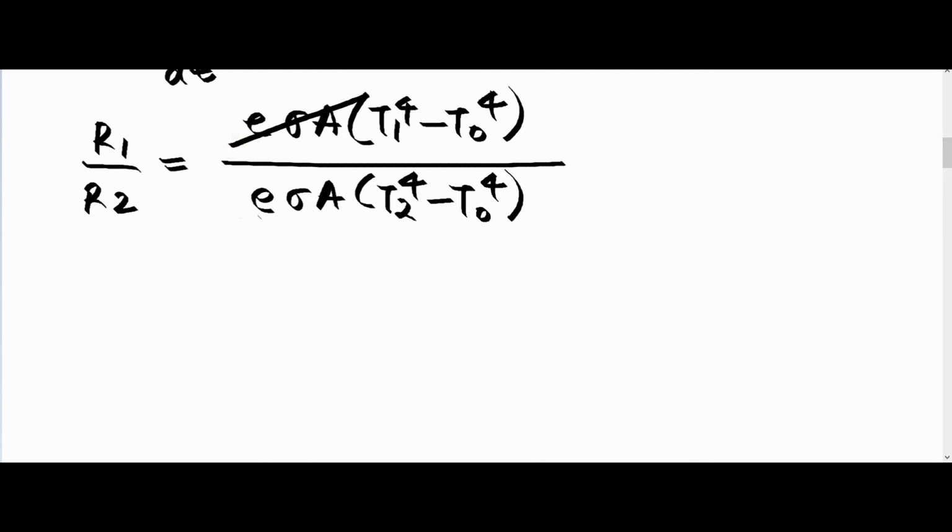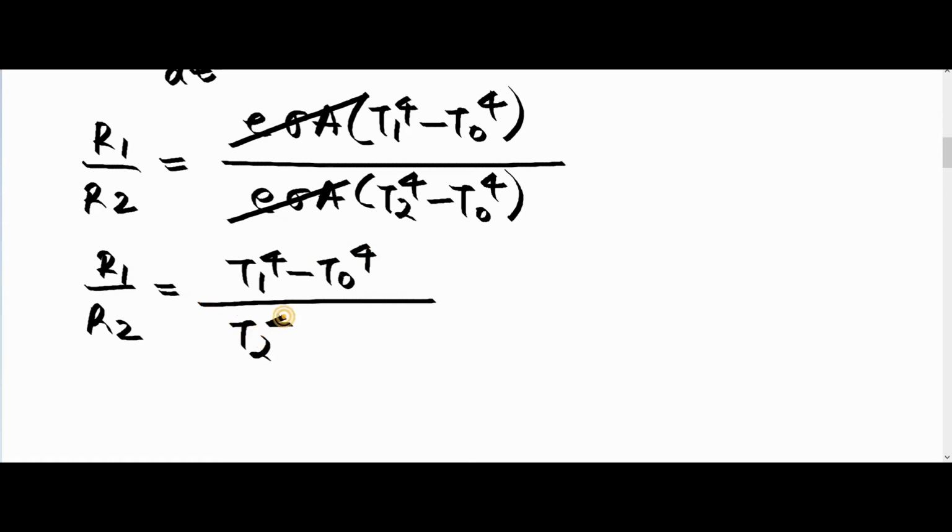Cancelling the common terms, R1 upon R2 equals T1 raised to 4 minus T0 raised to 4 upon T2 raised to 4 minus T0 raised to 4. Now we have the values of T1, T2 and T0, that is 900 kelvins, 400 kelvins and 300 kelvins respectively. So let us substitute these values, and after substitution we will solve further.